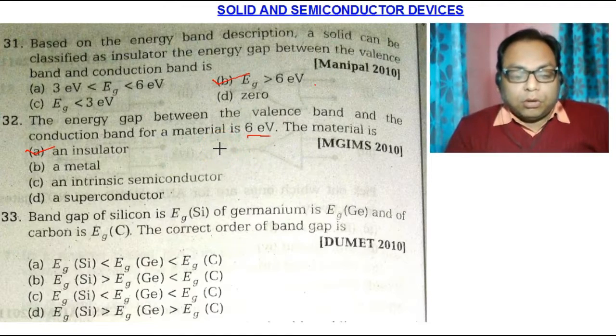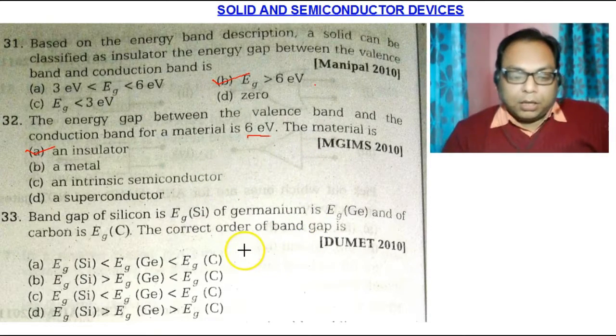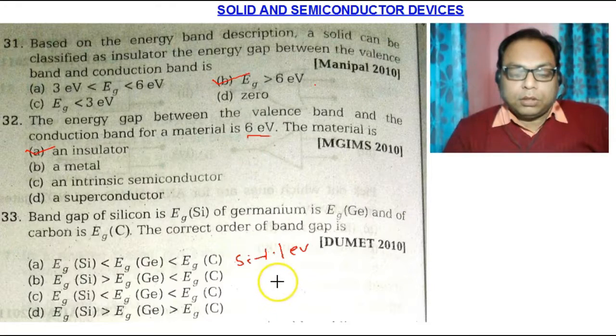Question number 33. Energy band gap of silicon, germanium and carbon. The correct order of the band gap. If you see, the band gap of silicon is 1.1 electron volt.